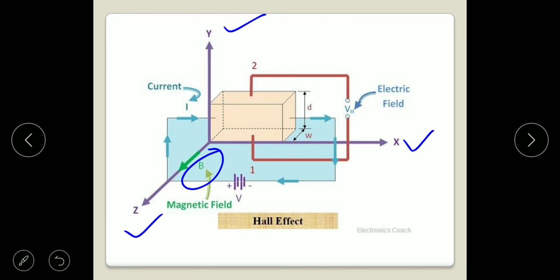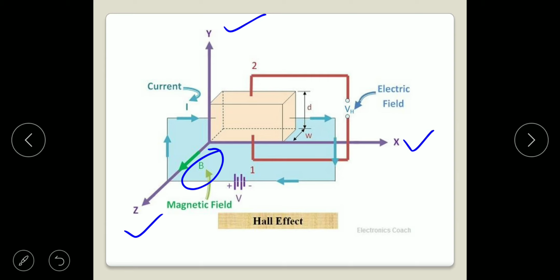So this force is independent of whether the current carriers are electrons or holes. Due to this force, the current carriers, that is holes or electrons, will be forced downward towards side 1.